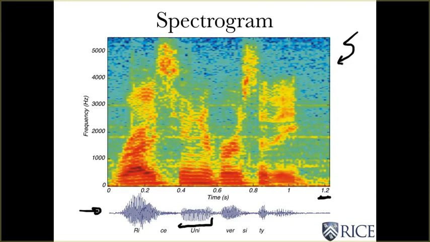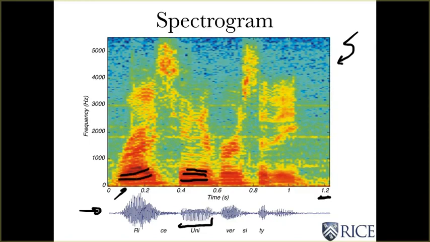So the first thing I want to point out are these lines across here, and we now know those are the pitch lines. That corresponds to the pitch. They're harmonics of the pitch. Over here, it looks to me like the pitch is going up, right?